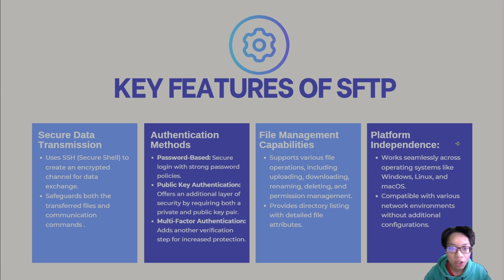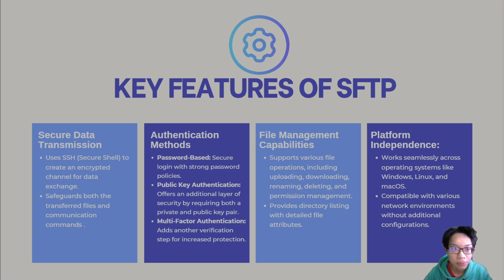And now I will talk about the key features of SFTP. First is secure data transmission. They use SSH to create an encrypted channel for data transfer, and safeguard both the transferred files and communication commands. Next is authentication methods. They have three methods.